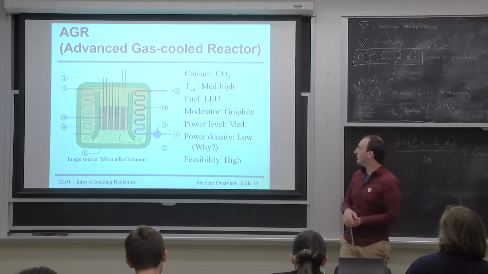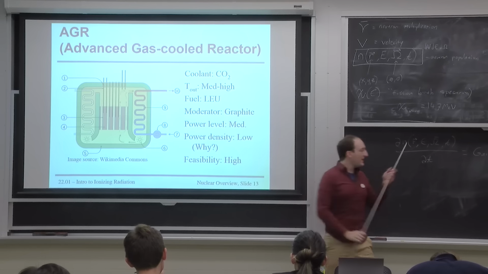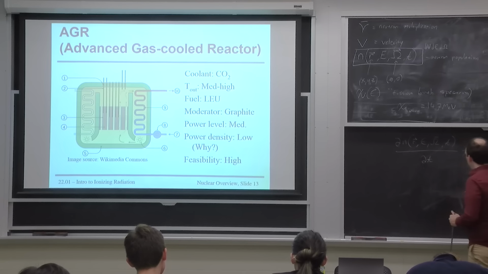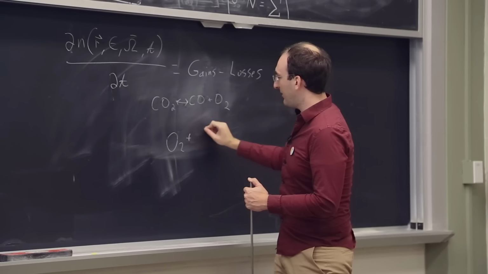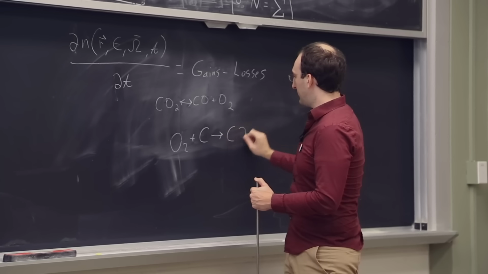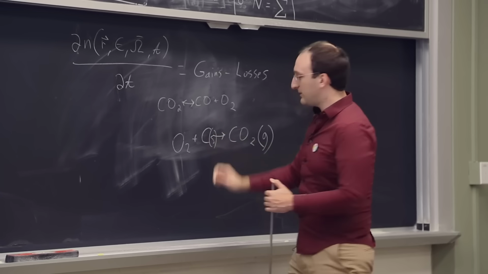There is an issue, though, that CO2, just like anything, has a natural decomposition reaction, where CO2 is naturally in equilibrium with CO and O2. And O2 plus graphite yields CO2 gas. Graphite was solid.